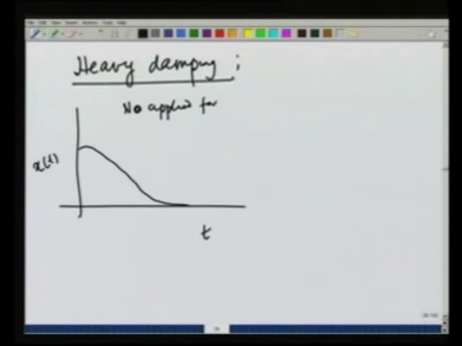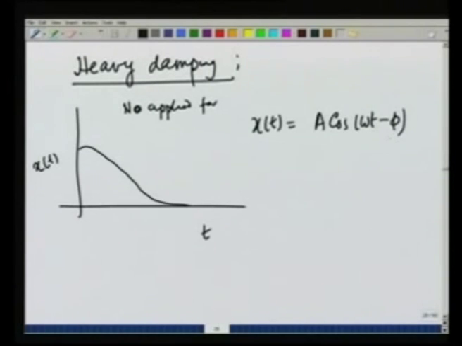But in this case, no matter what the damping value is, the motion will always be oscillatory, because the x(t) solution in steady state is some amplitude cosine of omega t minus phi.